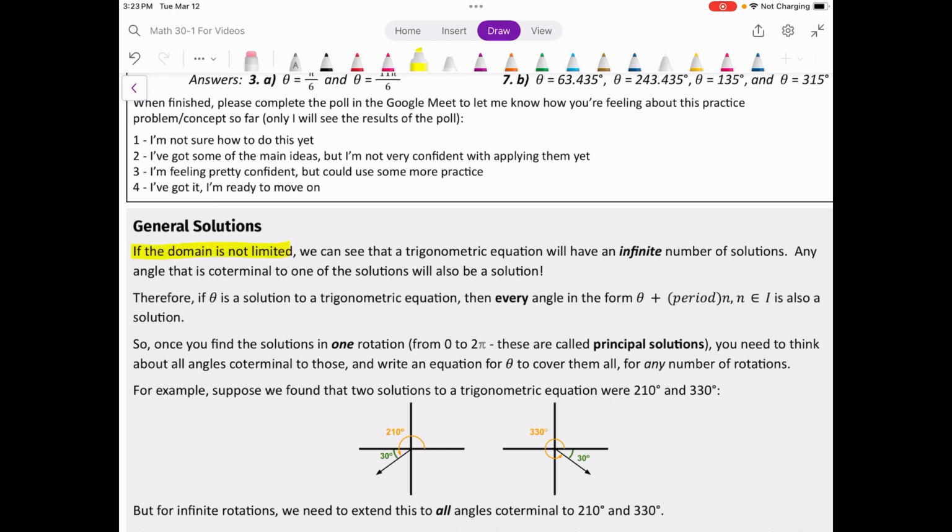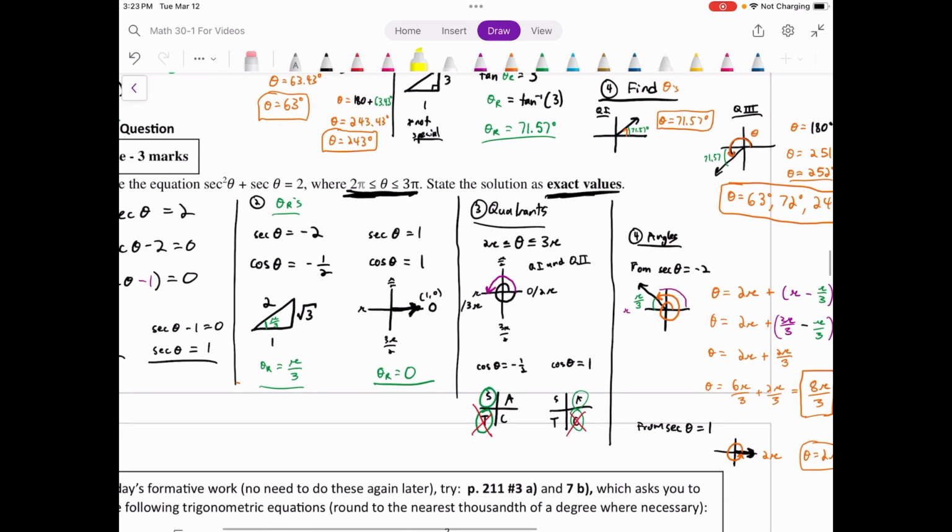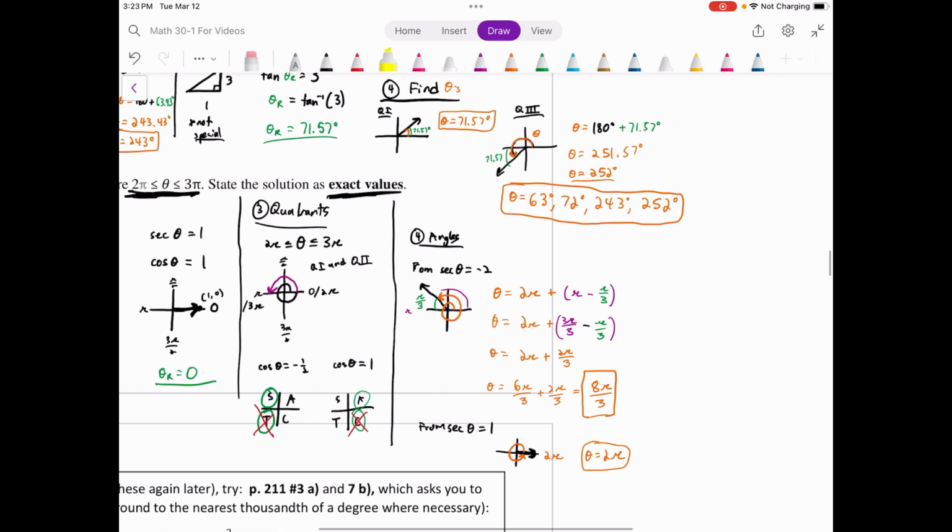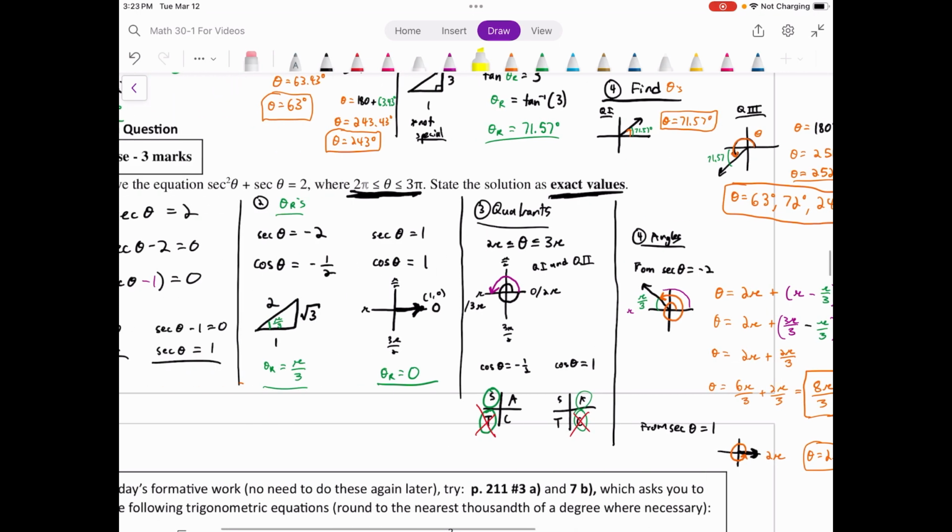If the domain is not limited, a trig equation does have an infinite number of solutions. Any angle that is coterminal to one of the solutions is also going to be a solution, right? If our domain had not been limited here, we could have just kept adding 2 pi's and found more and more solutions because they would have the same ratios, right?